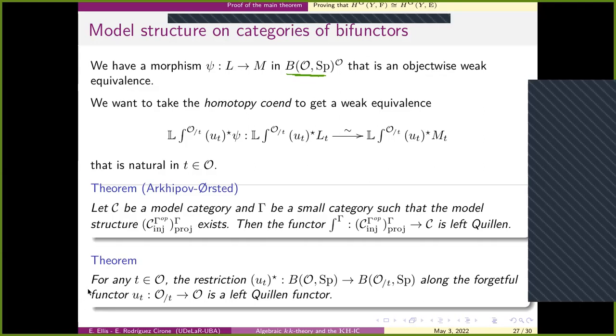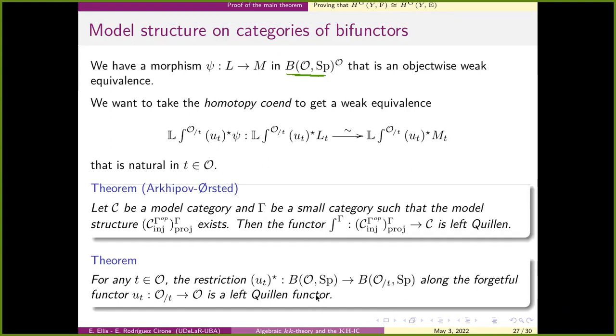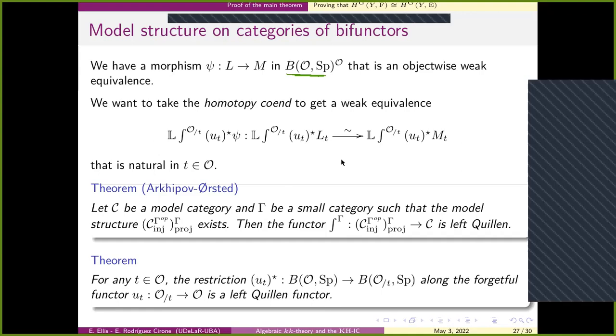That is part of our work with Eugenia: restricting both coordinates of a bifunctor from O to a slice category along the forgetful functor is a left Quillen functor. So in this way, we solve this problem of taking homotopy coends. We take a cofibrant replacement in this category, and since restricting and taking coends are left Quillen functors, we have a model for the homotopy coend of this morphism.